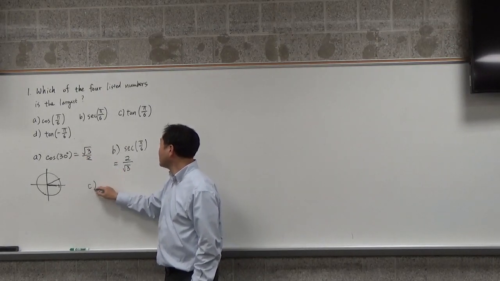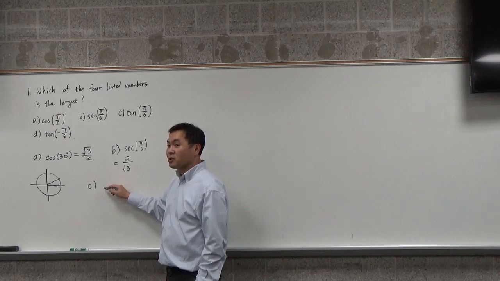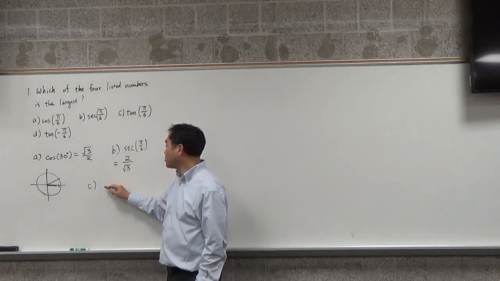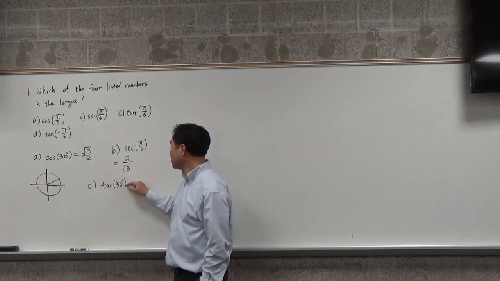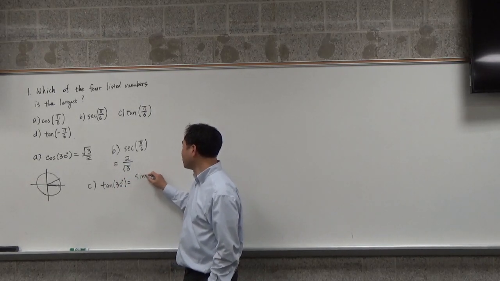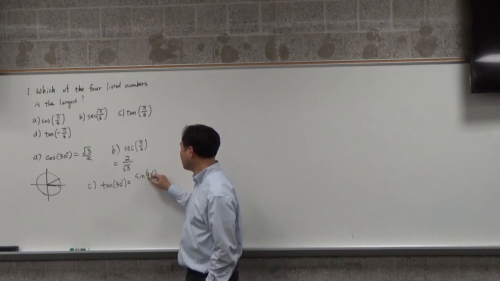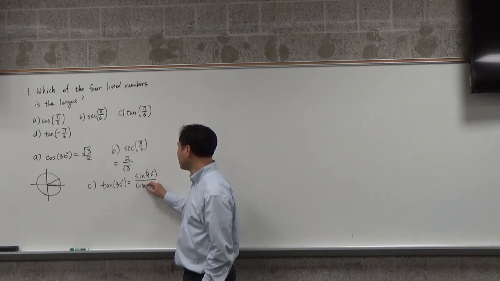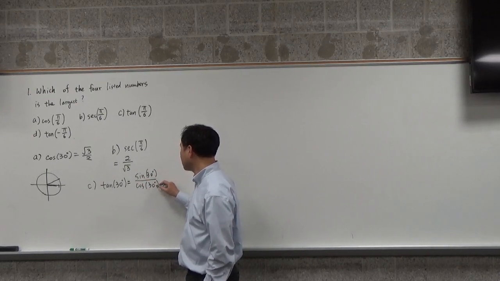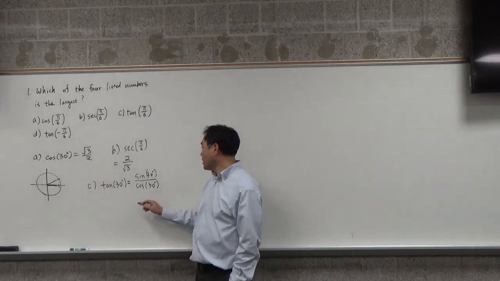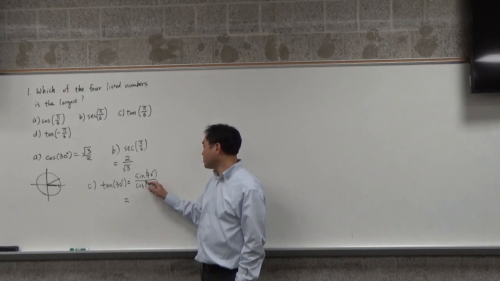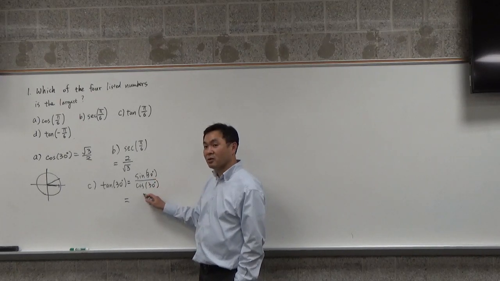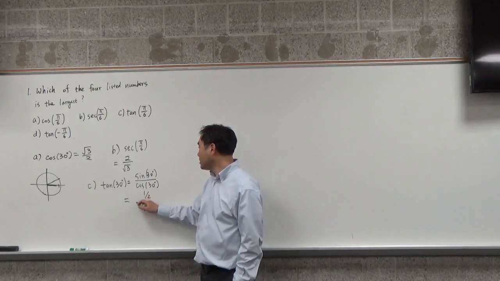Okay, and then C, tangent is sine over cosine, right? So tangent 30 degrees equals sine 30 degrees divided by cosine 30 degrees. Sine 30 degrees is what? 1/2.